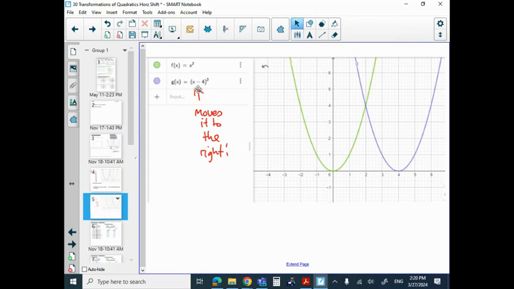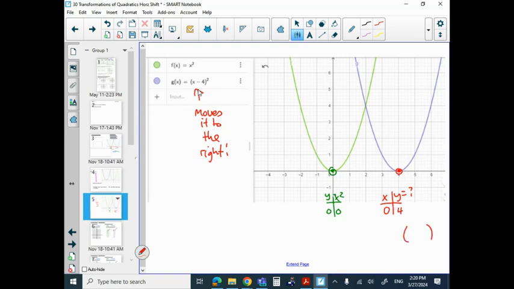How you should think about that is to consider the 0 point. We have a point where 0 goes in and you get 0, so y equals x squared gives 0 for 0. The question is, what equation would you have so that you put in a 4 and still get 0?